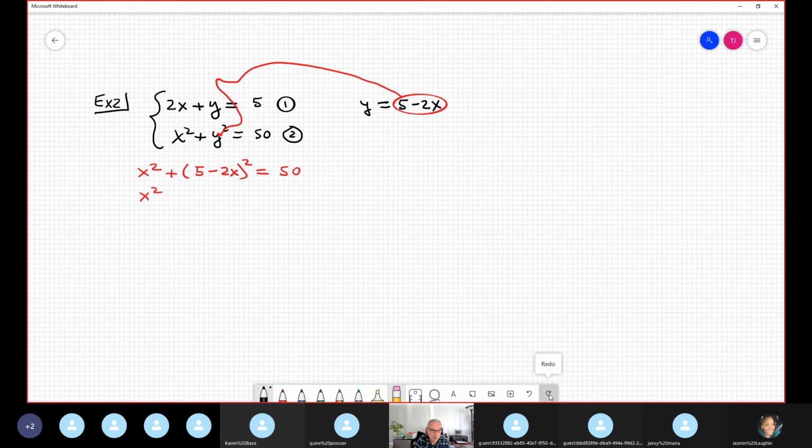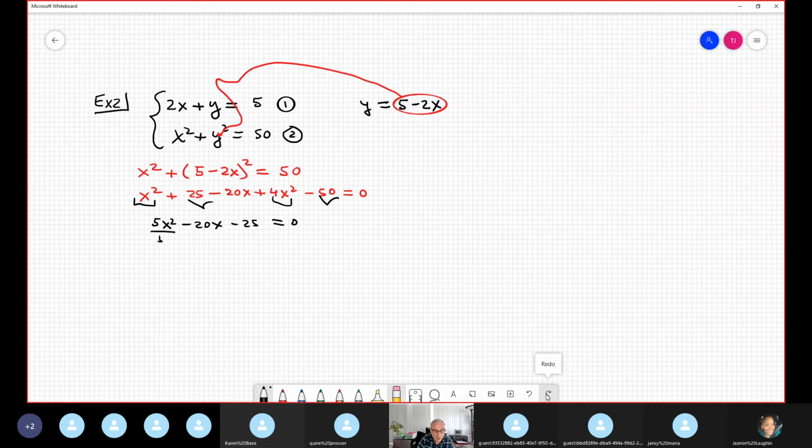Now expand the binomial: 25 minus 20x plus 4x squared minus 50. I move to the left, equal to 0. Okay, we finish in a quadratic equation. Combine like terms: 5, 20x, and 25 positive and 50 negative is negative 25. This and this together is negative 25.